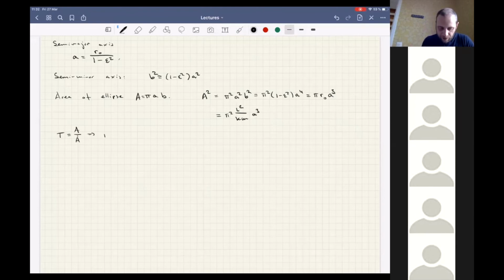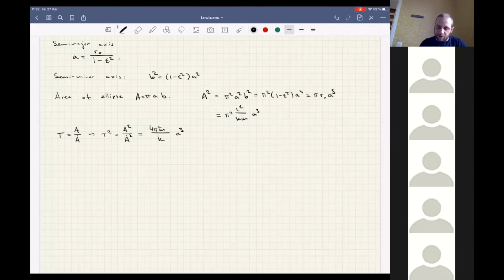This means that if I square this, T squared is exactly A squared divided by A dot squared. And A dot I could express in terms of the angular momentum. So if I just do that and use this expression up here for A squared, what I end up with is 4 pi squared m divided by k times a cubed.